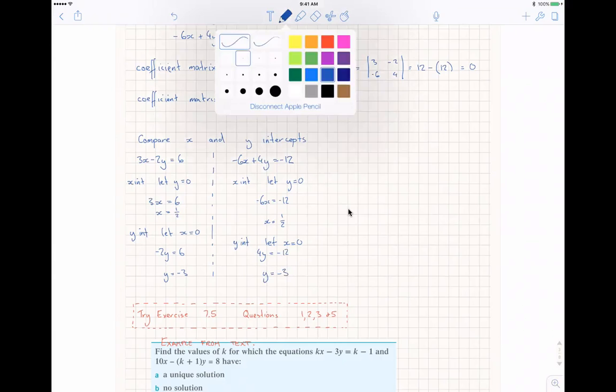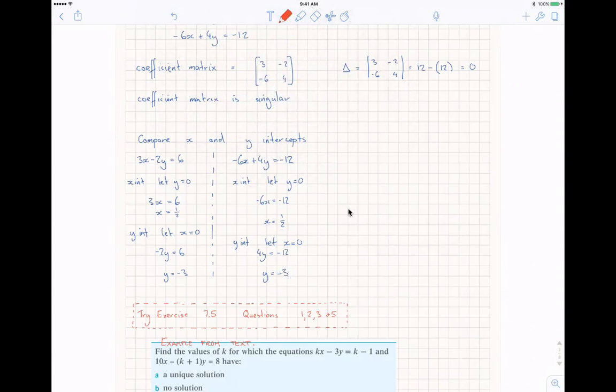And what we see there is we actually have identical x and y intercepts for both lines. So x is a half for both, and y equals minus 3 for both.